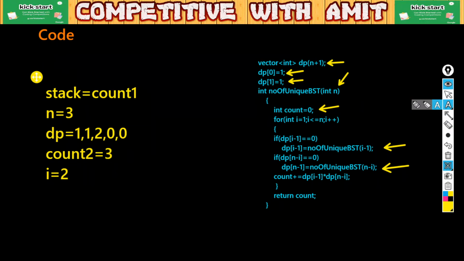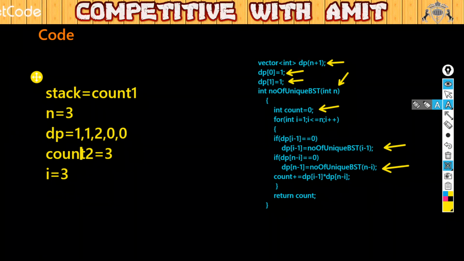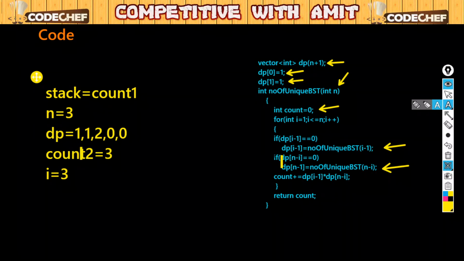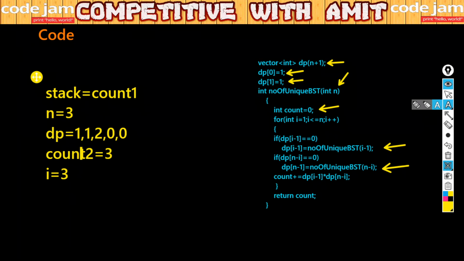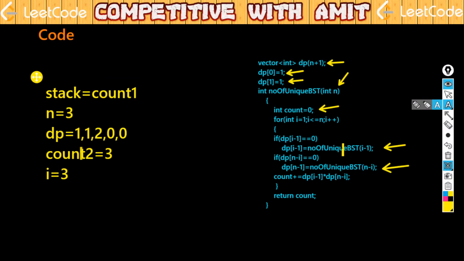So after that I becomes 3. We will check again this I. I equals 3, I minus 1 will be 2. So the second index is 2, it is not 0. So this condition will not become true, and we will not call this function.